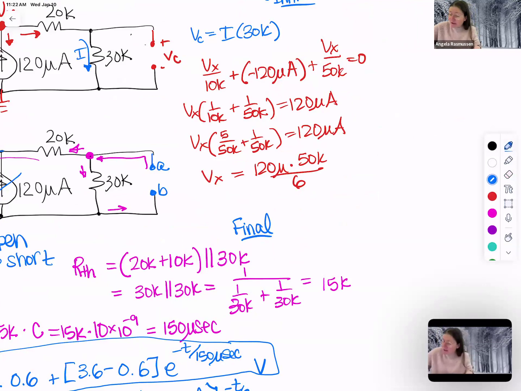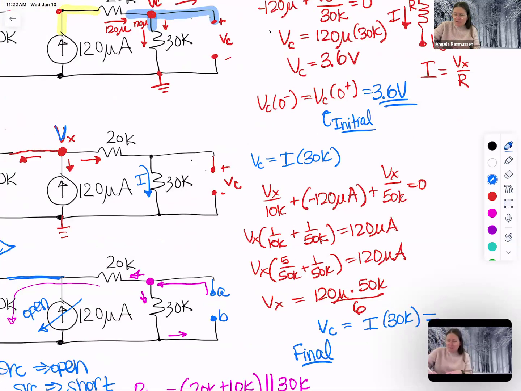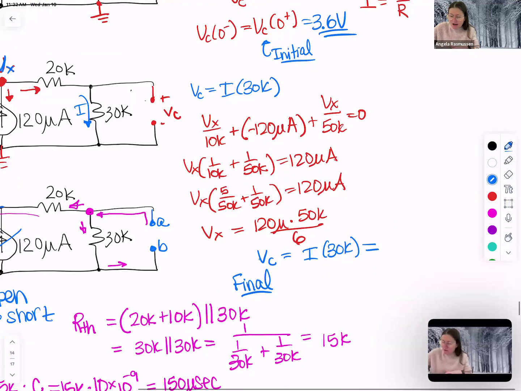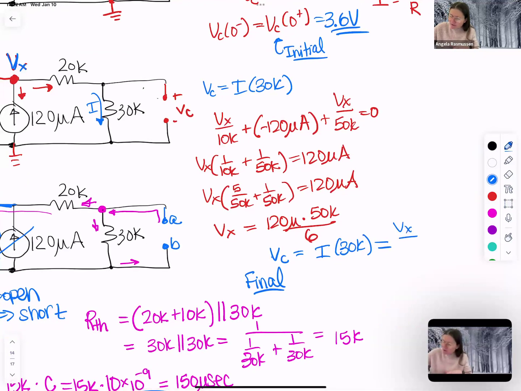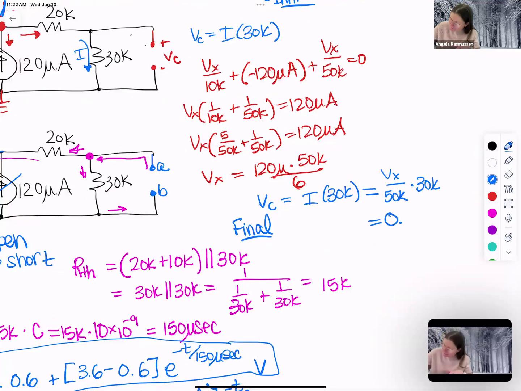So I forgot to do the other step, which is VC is equal to I times 30K. And I in this case is going to be based on VX. So I is VX over 50K times 30K, and that becomes 0.6.